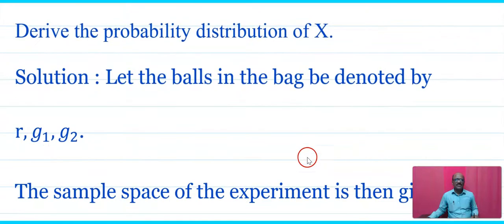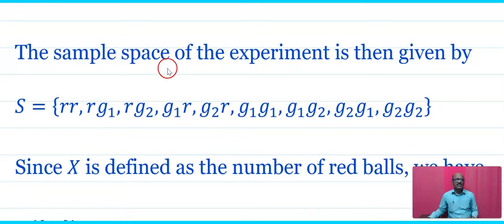Now see this here. Let the balls in the bag be denoted by R, G1 and G2. The sample space of the experiment is then given by 3 into 3, that is 9 outcomes.